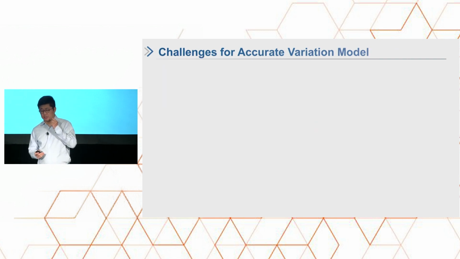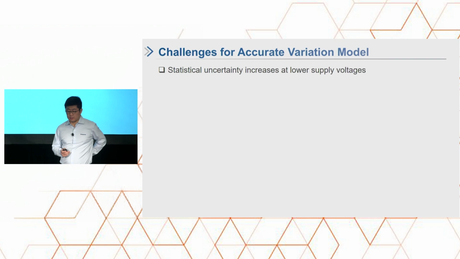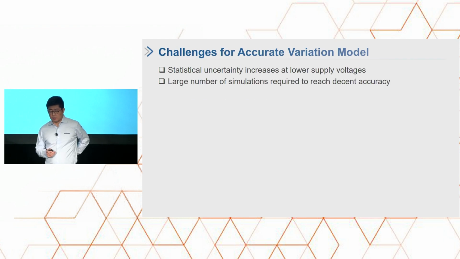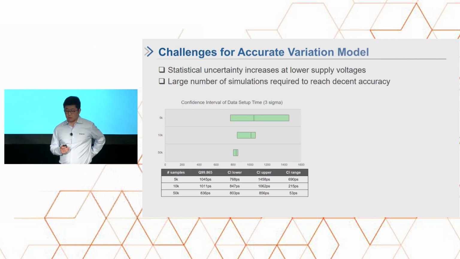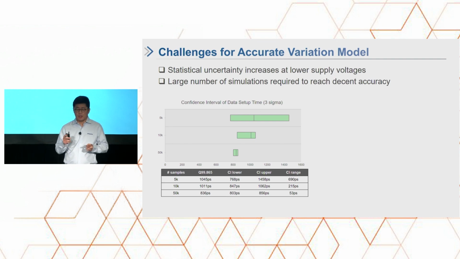So the challenge for accurate variation modeling is we need a lot of Monte Carlo simulation for that. And also, if you say we can use smaller number, we can also capture the shape, but that's not the case, because here is an extreme example.